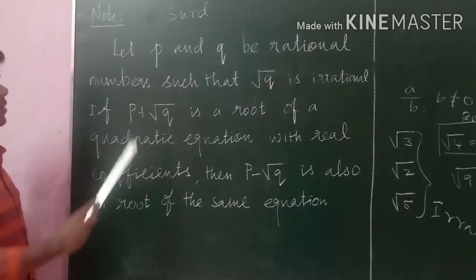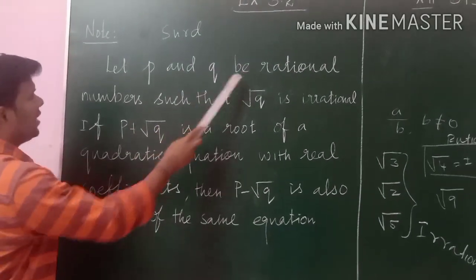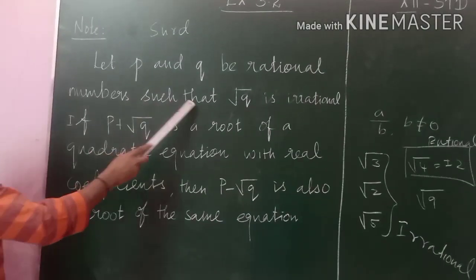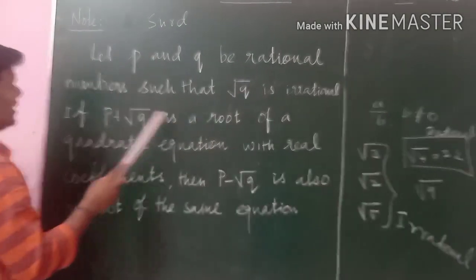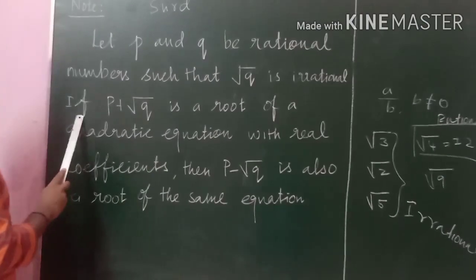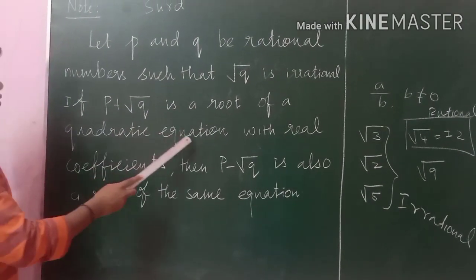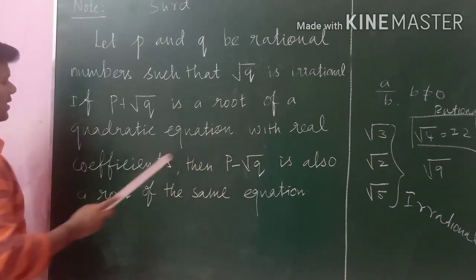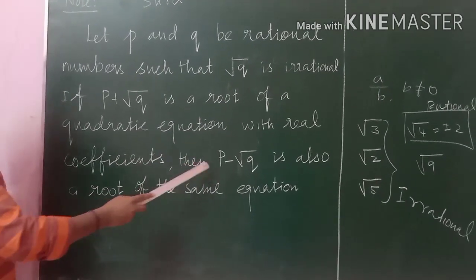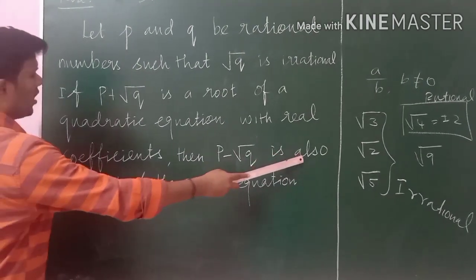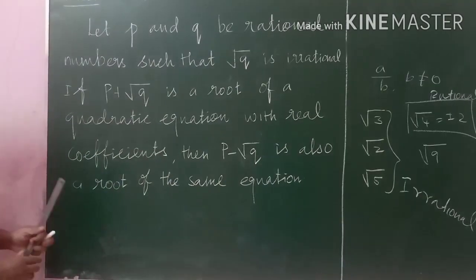Let p and q be rational numbers such that square root of q is irrational. If p plus square root of q is a root of a quadratic equation with real coefficients, then p minus square root of q is also a root of the same equation.